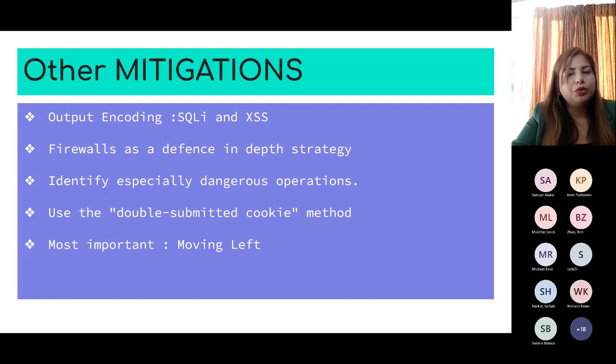Use double submitted cookie. Let's talk about this in a more elaborate way. Double submitted cookie means there's a get action and there's a post action. Get action is generally sent to get some data from the web server. Get action can have a cookie that the user is using.